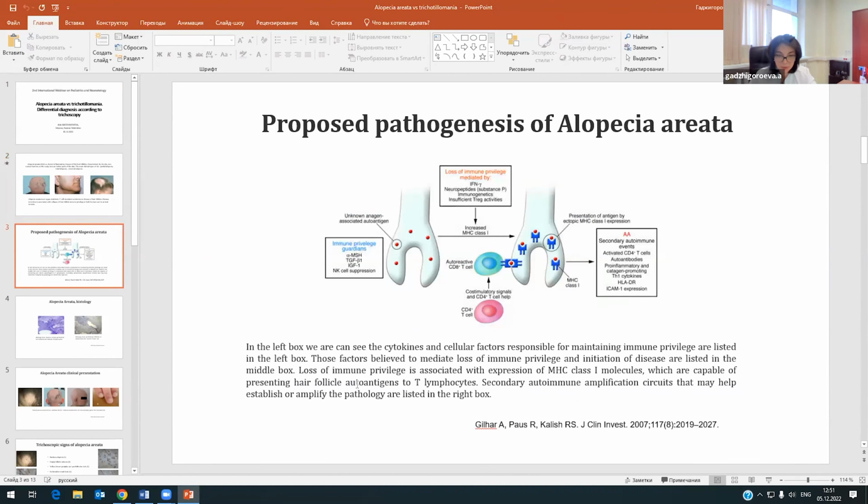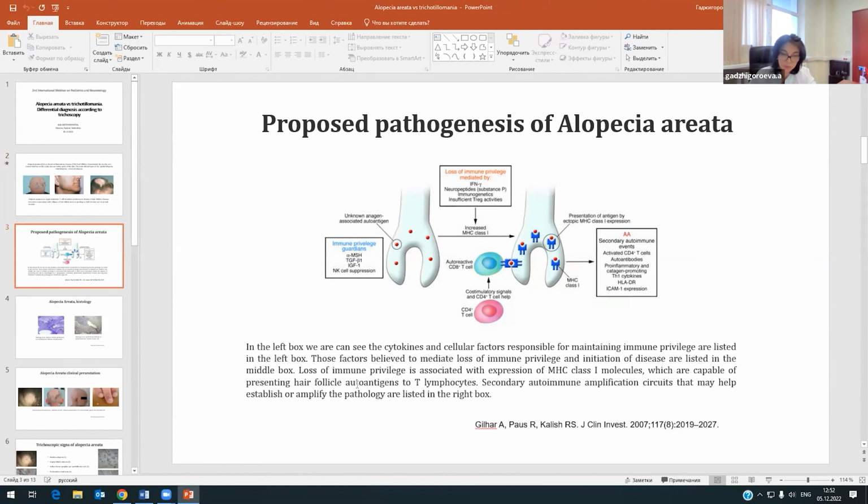In this illustration, we can see that cytokines and cellular factors responsible for maintained immune privilege are listed in the left box. Factors believed to mediate loss of immune privilege and initiation of disease are listed in the middle box.